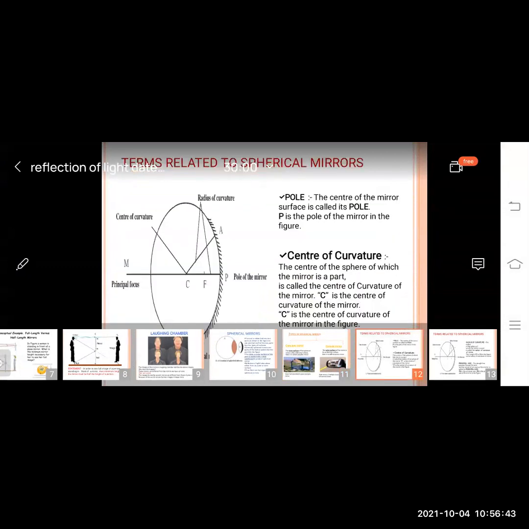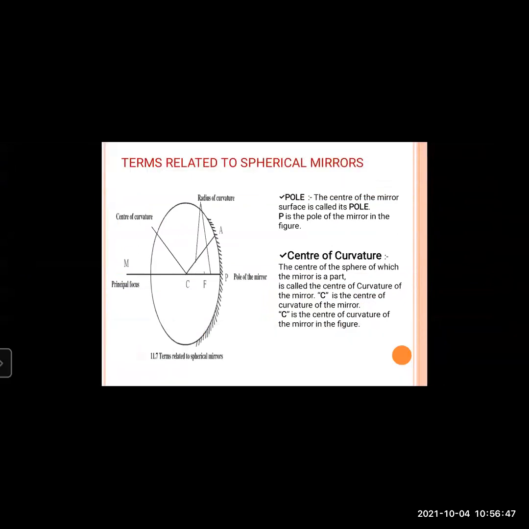Then we will go towards the terms related to spherical mirrors: the radius of curvature, CA and CP. The center of curvature is capital C. The principal focus is F, and P is the pole of the mirror. The center of the mirror surface is called its pole.